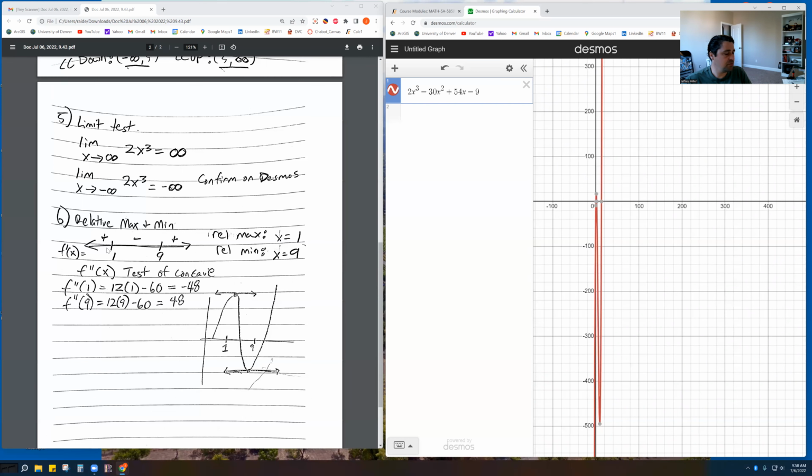Just to test if things are concave or not, we're looking for the horizontal tangent line. So if we took the critical points 1 and 9 and put them into the second derivative, the second derivative of 1 gives us a negative value, negative 48. And the second derivative of 9 gives us a positive 48.